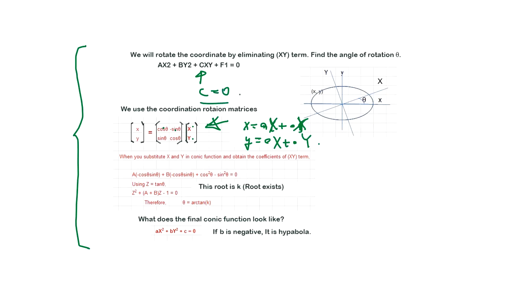In order to make this zero, what is the theta? And once you determine the theta, then you use a new coordinate. Then the equation becomes like this. Okay?